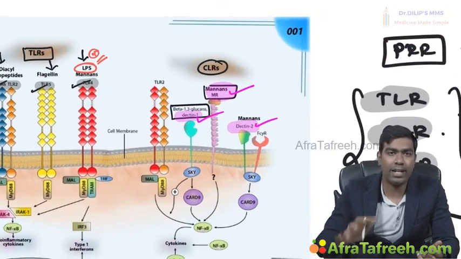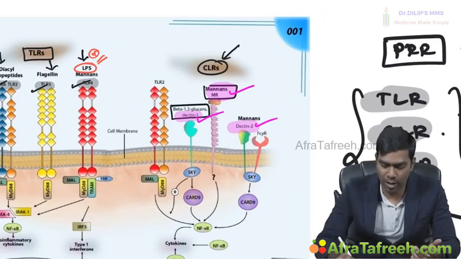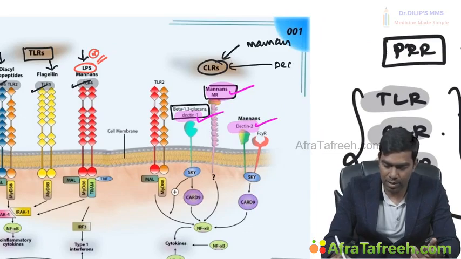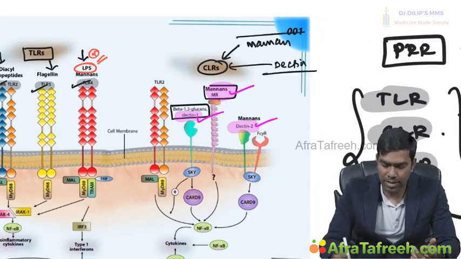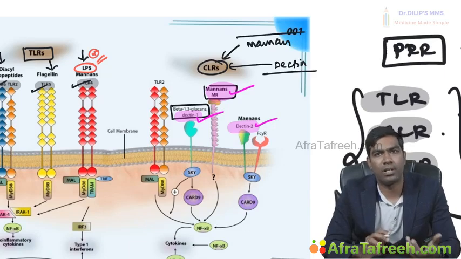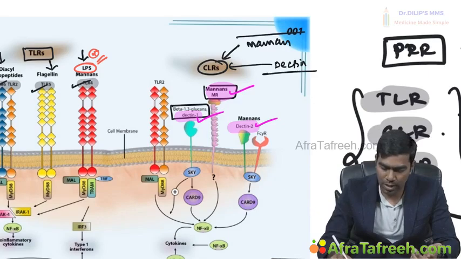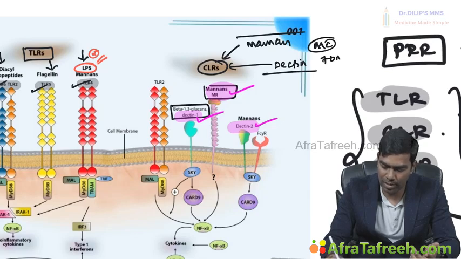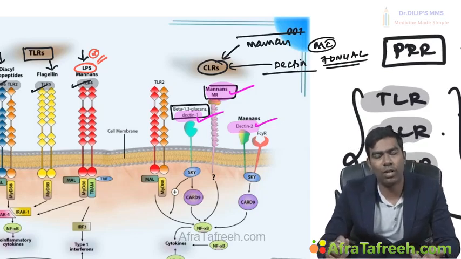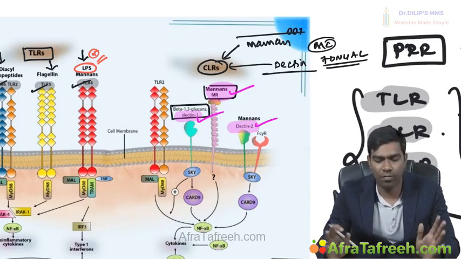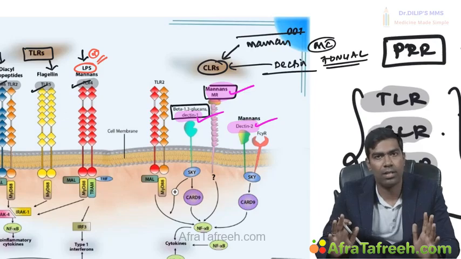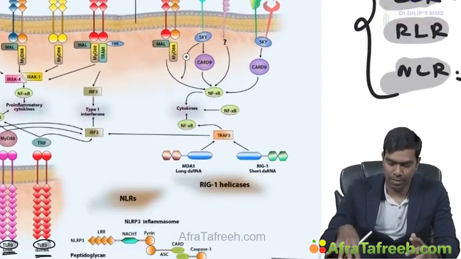You have Mannan receptors and dectin receptors that come under the CLRs, that is C-type lectin receptors. Most commonly, they are going to recognize the fungal components, which means the Mannans, beta-1,3 glucan. All these are typically the fungal components that these receptors are going to recognize.